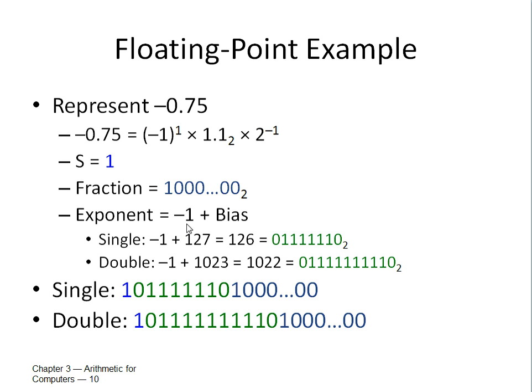The exponent is right here, -1 is what we want. We have to add the bias in. So you're either adding 127 for single precision or 1023. So you either store 126 or 1022. 127 is 0 and then all ones, and 1023 is 0 and then all ones. So that's kind of nice in their areas. So since it's -1, you just knock off the last bit.